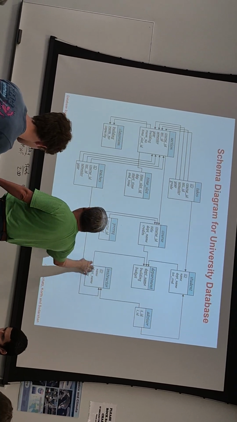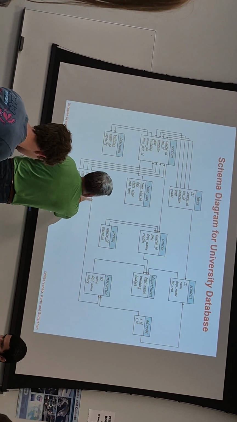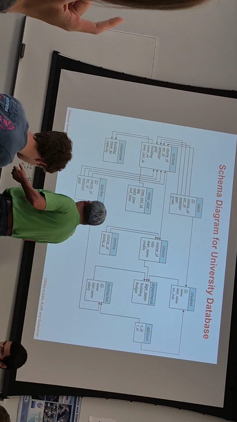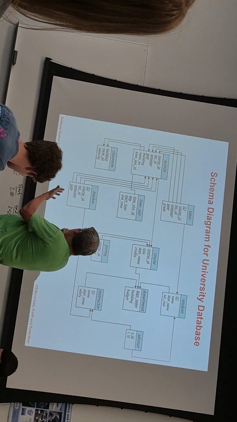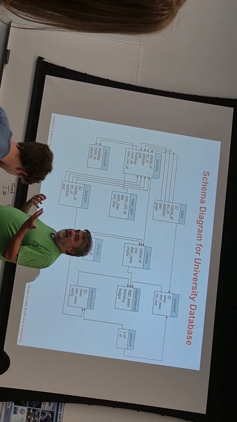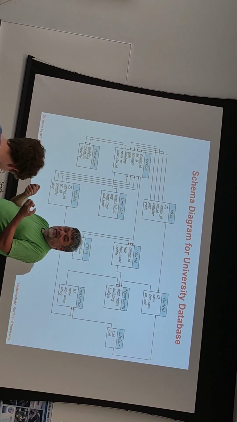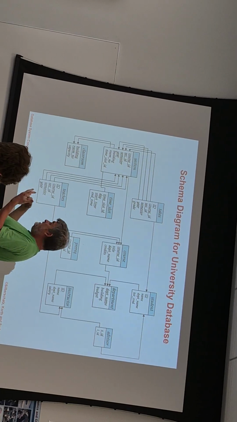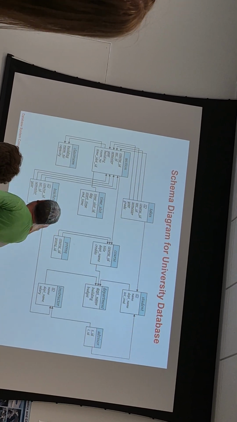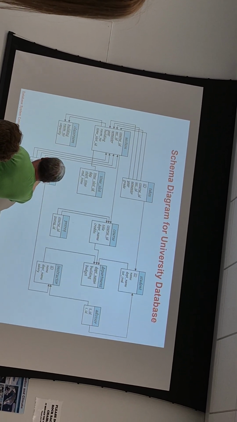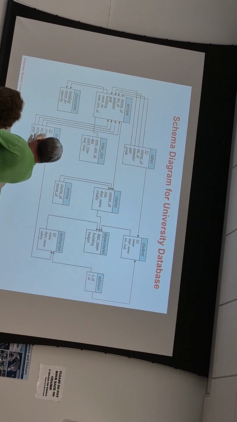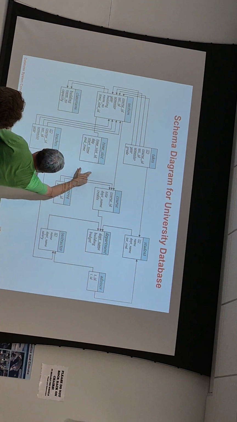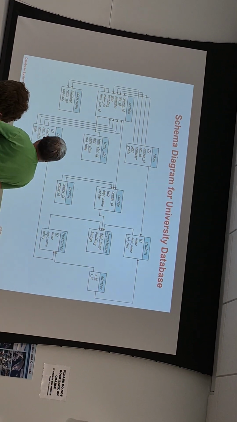But also, if we're going this way, actually, we don't have to be limited by the lines that we see. If we can find a field that's going to be the same between those 2 tables, we can draw a new line dynamically here. And it turns out I could probably just, if I were in the design view, drag and drop this course ID field to that course ID field.